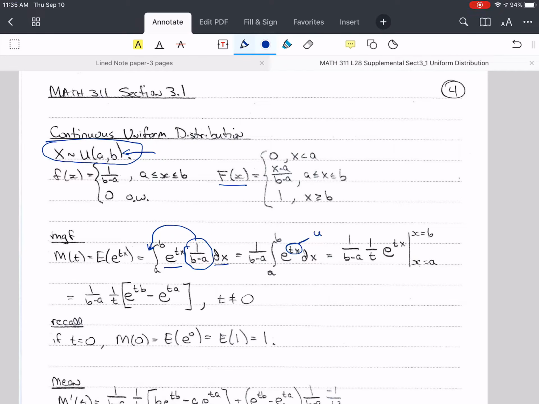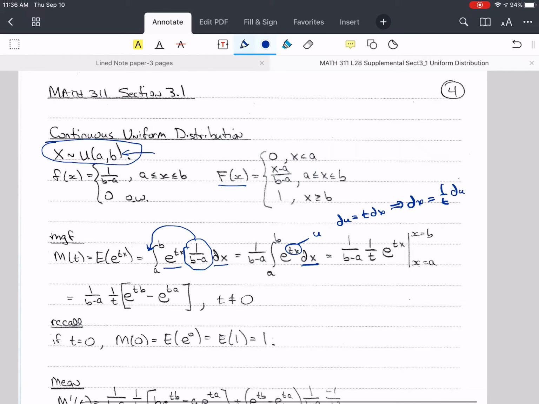You can set this equal to u, and then du is equal to t dx. You can solve for dx, 1 over t, so 1 over t du. And so you would substitute in 1 over t du, e to the u. Take the integral of that, that's e to the u, and of course you still have your 1 over t.